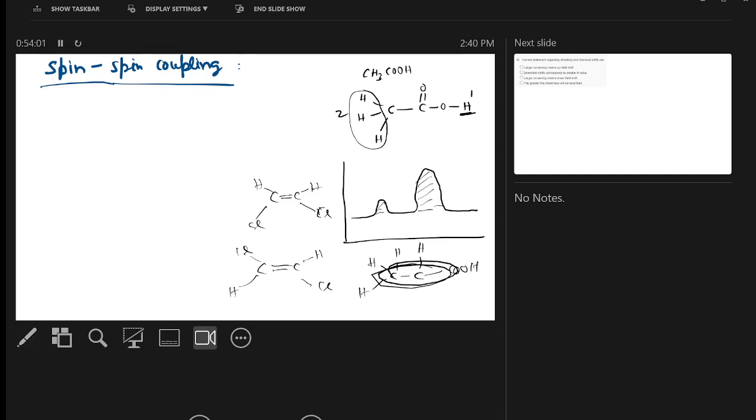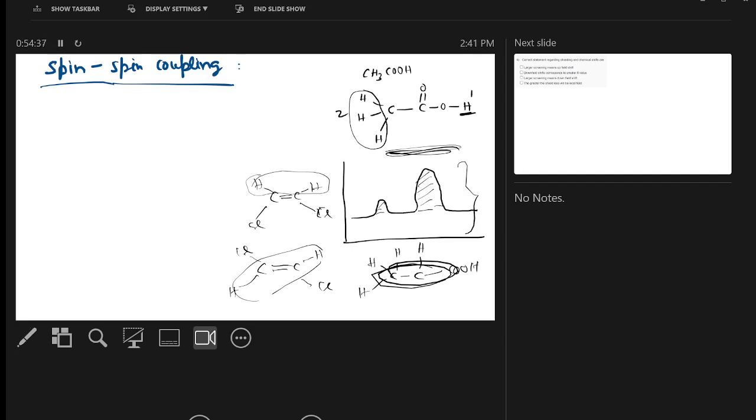You can get cases like in enantiomers or diastereomers. In a cis-trans case, these two protons seem the same. In low resolution NMR you will get this kind of peak, for example for acetic acid. That is low resolution NMR, but in high resolution NMR you will see it differently.